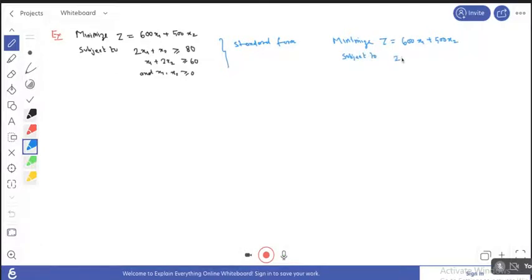Here 2x1 plus x2 has a greater than or equal to sign, which means you have to introduce a surplus variable, minus s1. You know that if your inequality is greater than or equal to and b is positive, then only introducing the surplus variable gives you an infeasible solution.